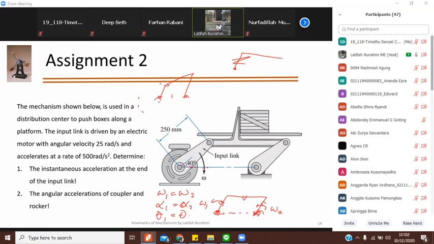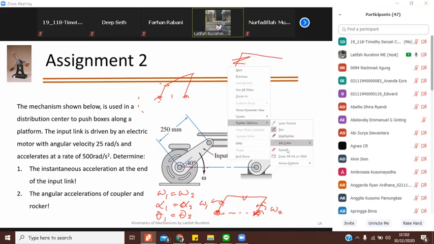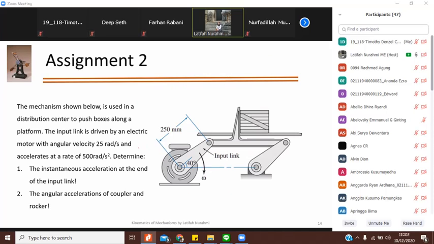Of course. Okay, take a look at this picture, the right picture. You do not measure it from here. This is wrong. You measure it from the center of rotation. You see, here's the center of rotation.